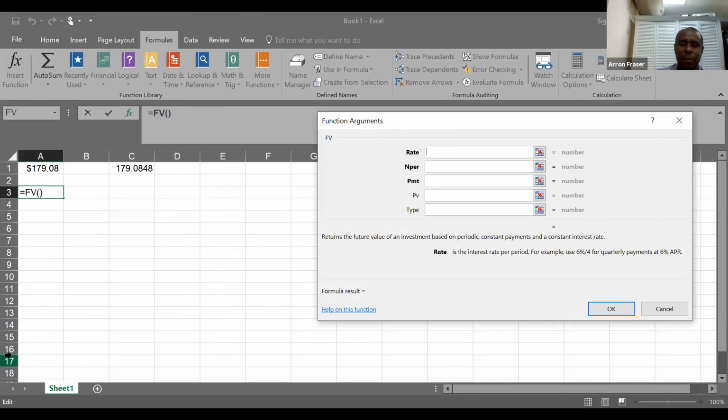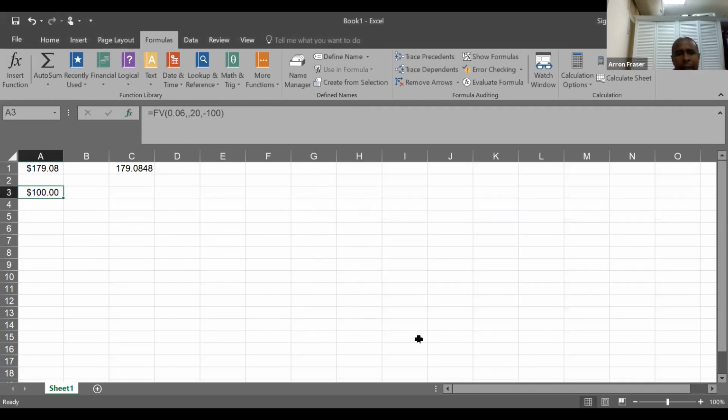The rate is 6%, so you go 0.06. It is for 20 years this time. And then the amount that you're investing now is $100. And remember, investment goes as minus. It's minus 100. And then you press OK.